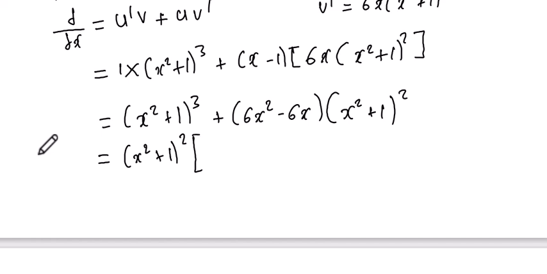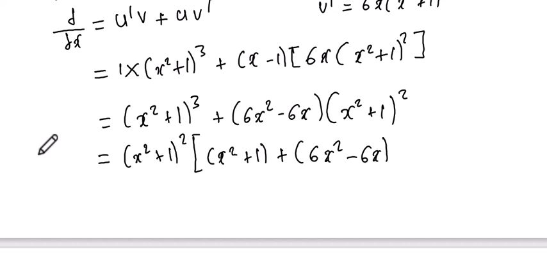Then inside we're going to remain with x plus x squared plus 1, okay, plus this is going to be 6x squared minus 6x.